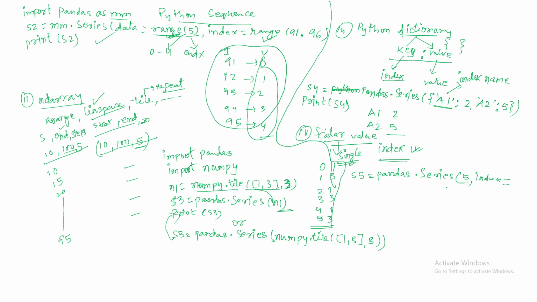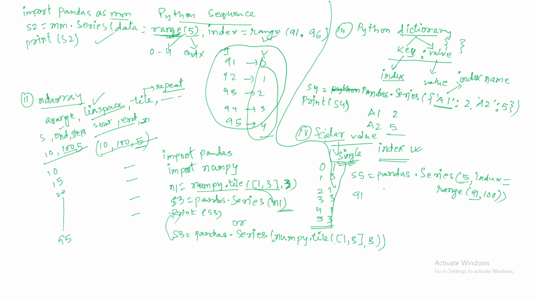Suppose index equal to range, I am giving 91 to 100, and close the bracket. It will start from 91.